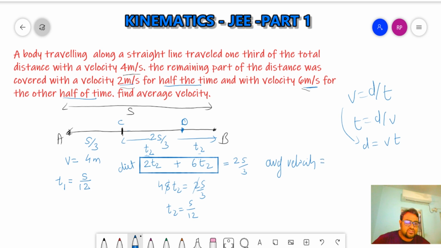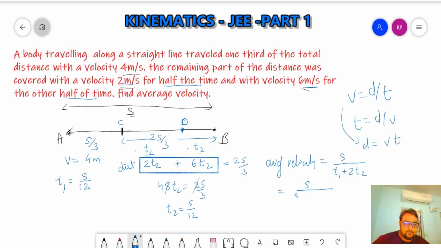Average velocity. What is the formula? Total distance. What is the total distance here? S. What is the total time? T1 plus T2 plus T2, that means T1 plus 2T2. So S upon, what is T1?